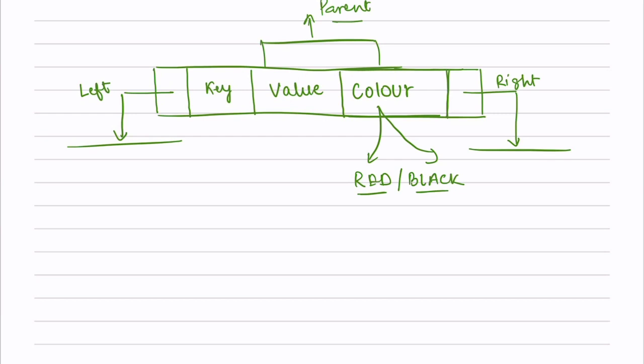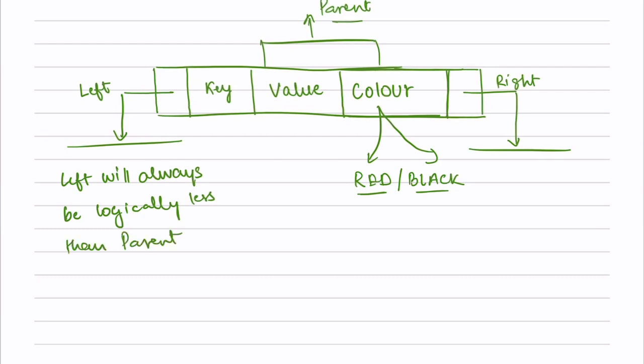And since it is a self-balancing binary search tree, this left will always be logically less than the parent. Okay, so why I said logically?